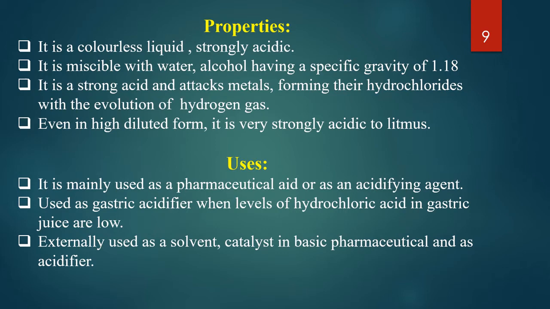It is mainly used as a pharmaceutical aid or as an acidifying agent. It is used as a gastric acidifier when the levels of hydrochloric acid in the gastric juices are low. It is externally used as a solvent and catalyst in basic pharmaceuticals, as well as an acidifier.